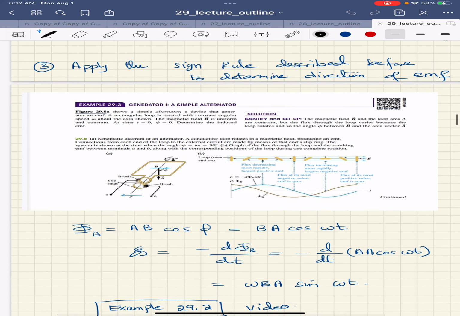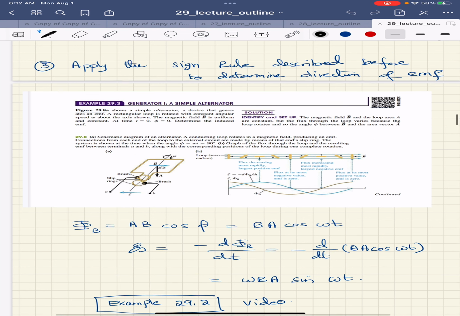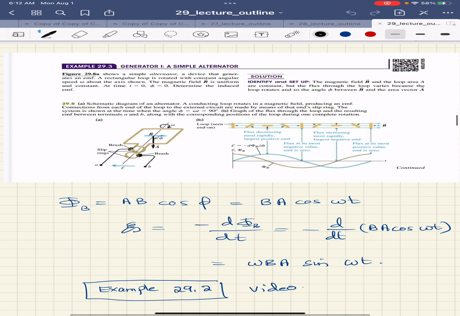Now, one of the most important applications of the induced EMF is the generator. And when we talk about the generator, it is simply a coil that is turning in a magnetic field. The coil is immersed in a magnetic field, and we start rotating that coil.